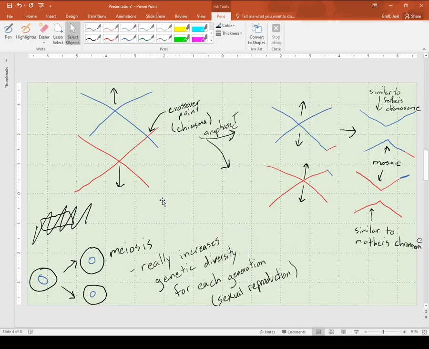So asexual reproduction happens very quickly. So this is quick and not much genetic change. Quick reproduction.